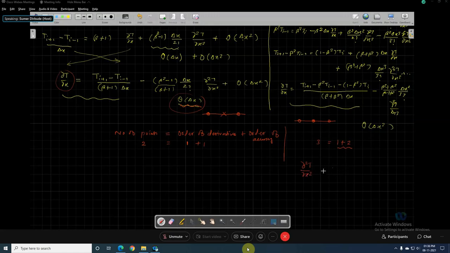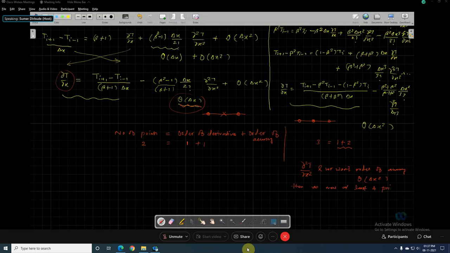Okay. So suppose you have a derivative like del 2 T del x2 and you want order of accuracy delta x square, then we need at least 4 points.